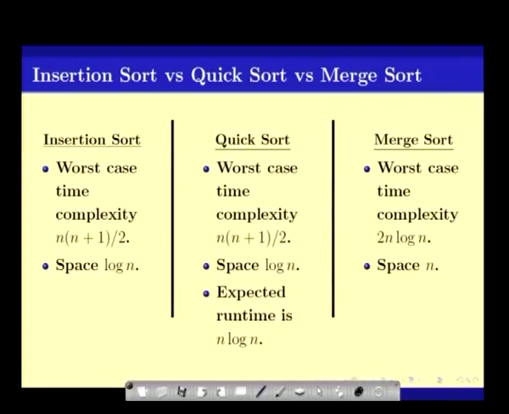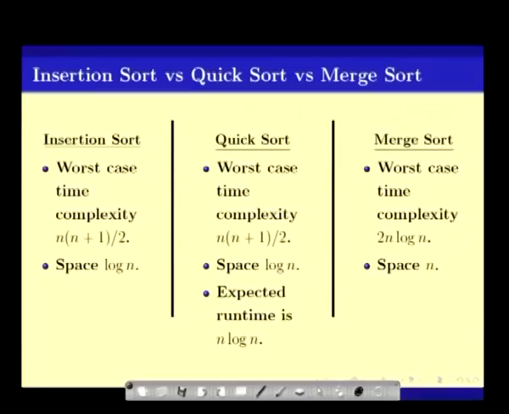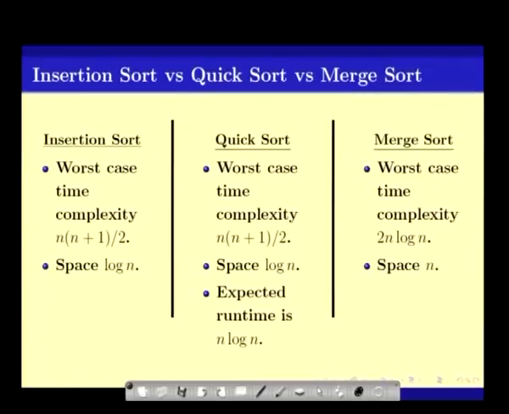Comparing quick sort and merge sort, merge sort has a much better time complexity than quick sort in the worst case running time, but in space complexity quick sort is better. Also, in general it has been seen that since the expected runtime is n log n, there are many times when quick sort performs significantly better than merge sort even in terms of time complexity. In the worst case runtime, theoretically merge sort is the algorithm to be chosen. Many times in practice people do use quick sort.